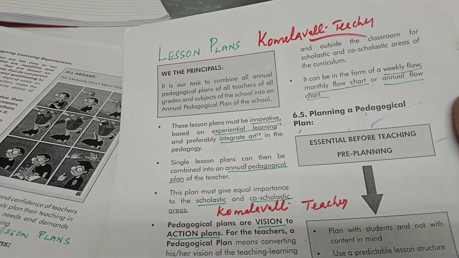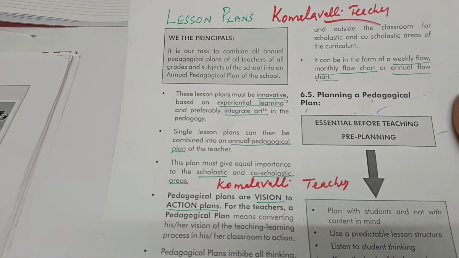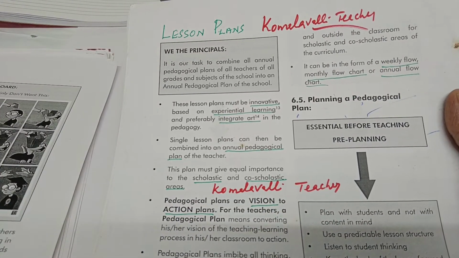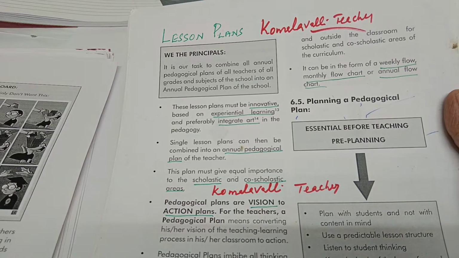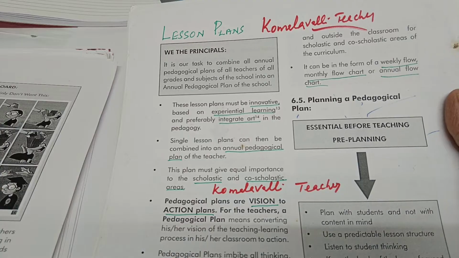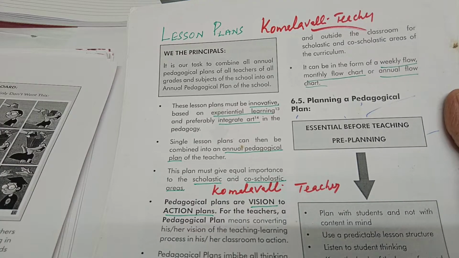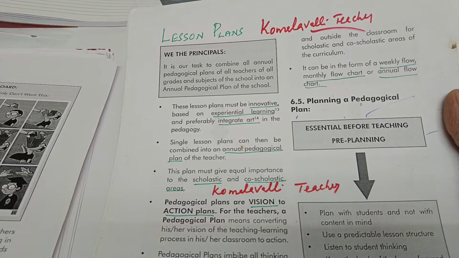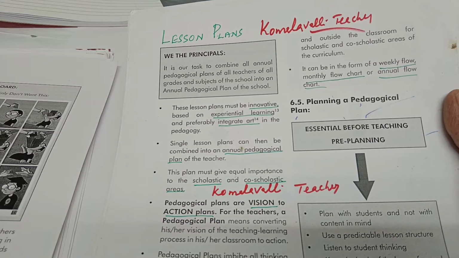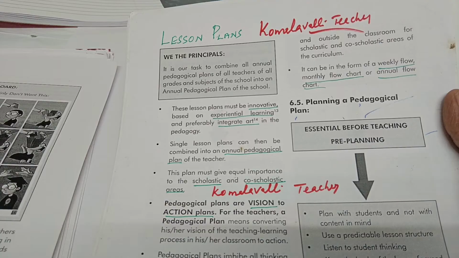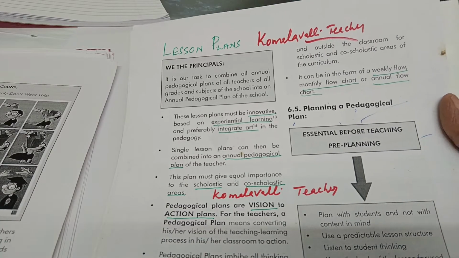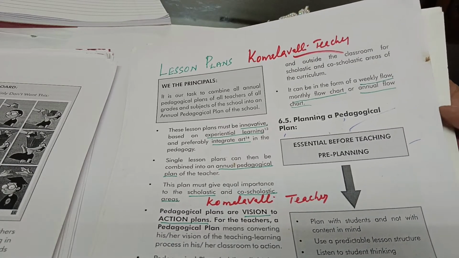Whatever the lesson plan includes, all the things should be included, whether inside or outside the classroom. I told you now there is no difference between co-scholastic and scholastic areas. All are together: physical education, wellness, vocational education, the study of environment, all included as mainstream.